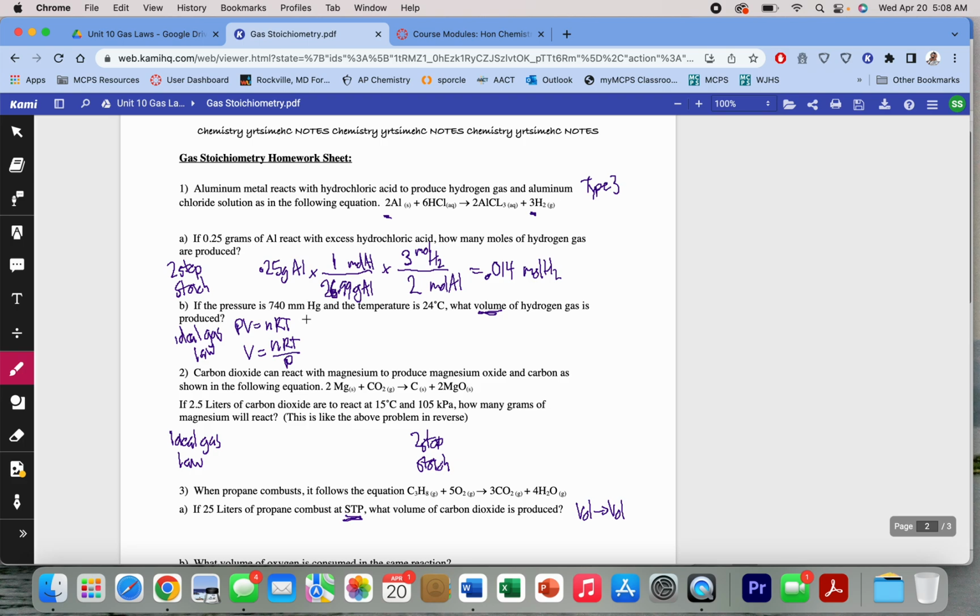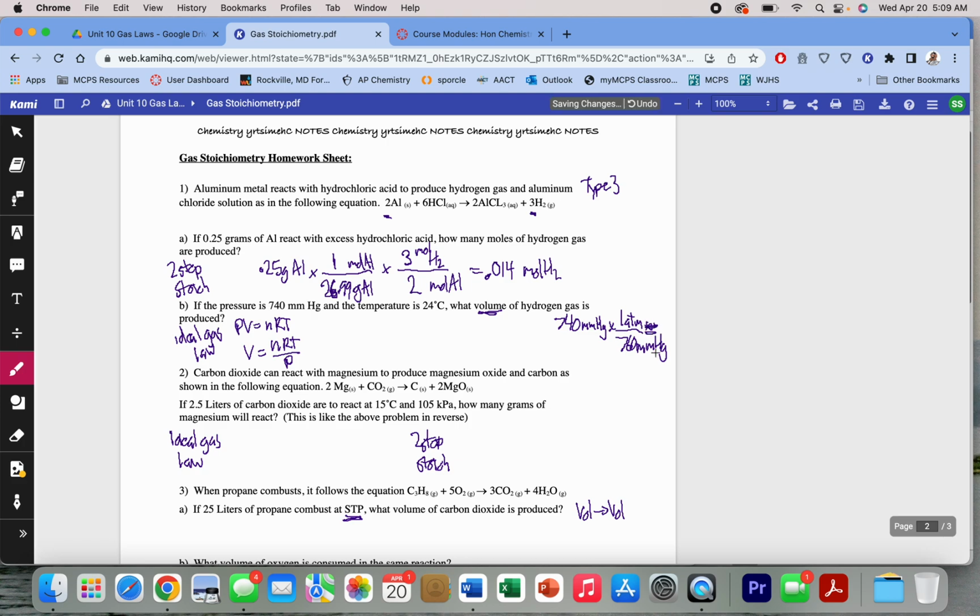Unfortunately, they gave me millimeters of mercury, so I'm going to have to take a brief moment. They say 740 millimeters of mercury times 1 atm over 760 millimeters of mercury, because I looked at my table of standard pressures, and I know that that would give me atmospheres.